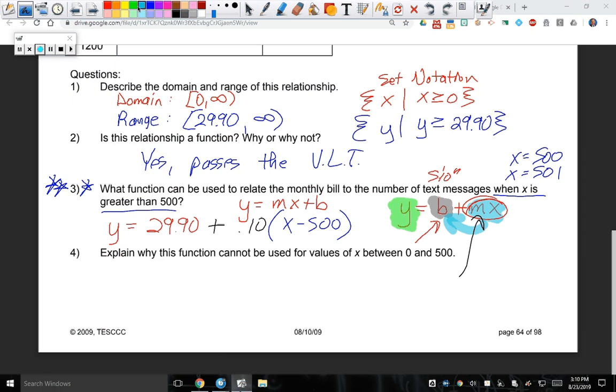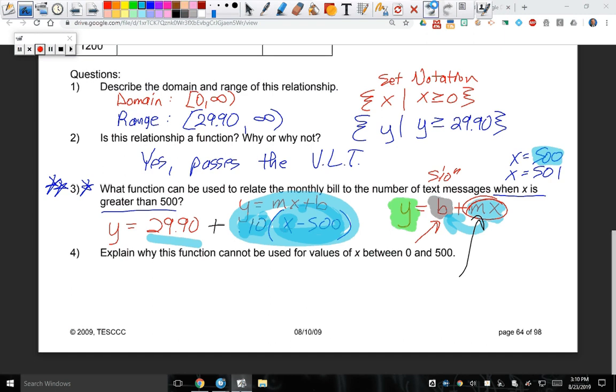Because look, if x equals 500, what does this equal? 0. And if I multiply that with 10, what would this equal? 0. So at 500, I'm at 2990. That's called my initial value. So when my input zeroes out.